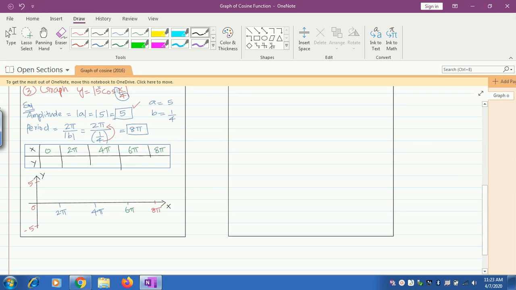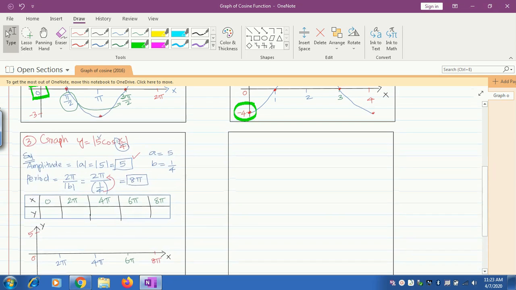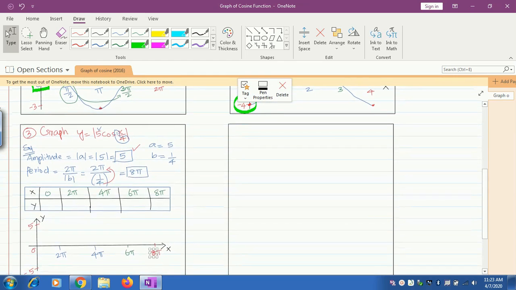Now what about the values here? The first, if I substitute 0, it will start with 0. Cosine 0, you will get the value plus 5 here. The next it will come 0.